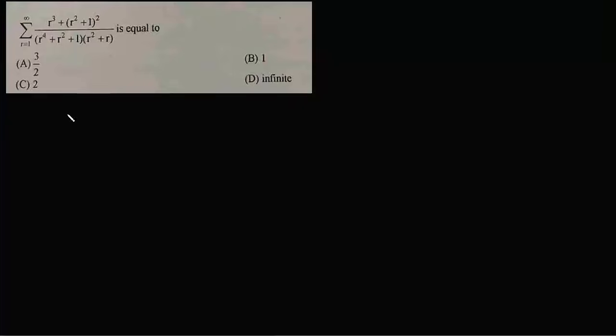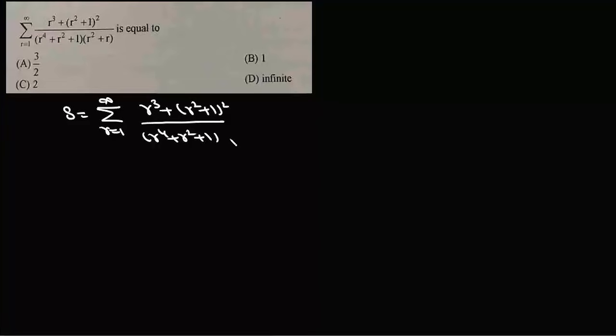Now here the question is, we need to find the sum of this infinite series, which is given by this summation, r varies from 1 to infinity, (r cube plus r square plus 1) whole square upon (r to the power 4 plus r square plus 1) into (r plus 1). What we will do is, first we will simplify this general term, which is say tr.